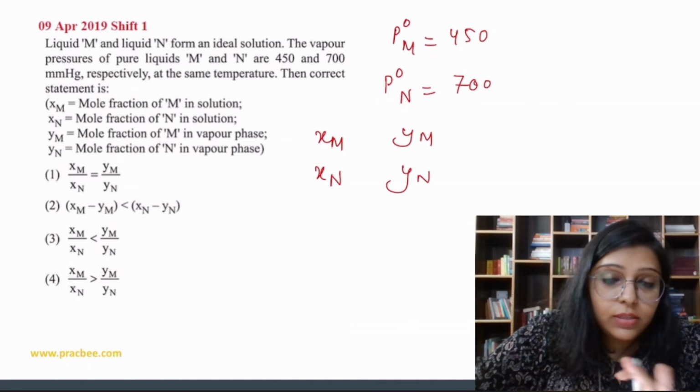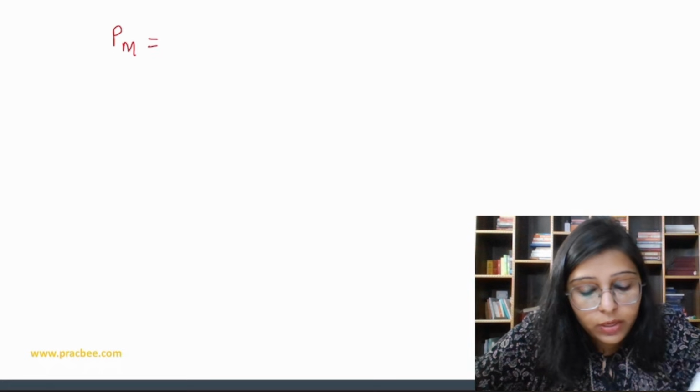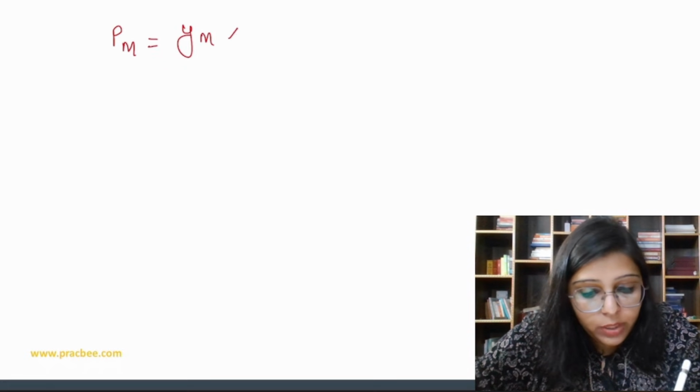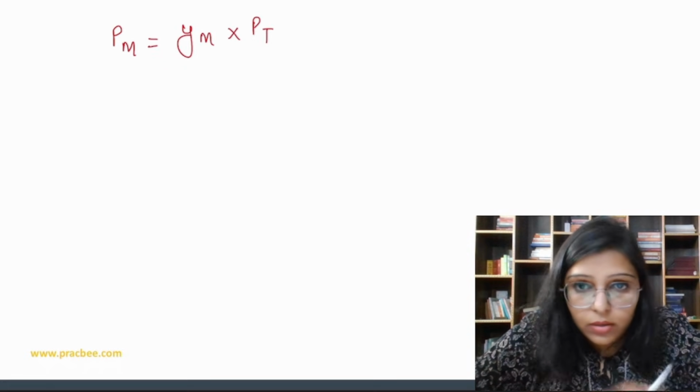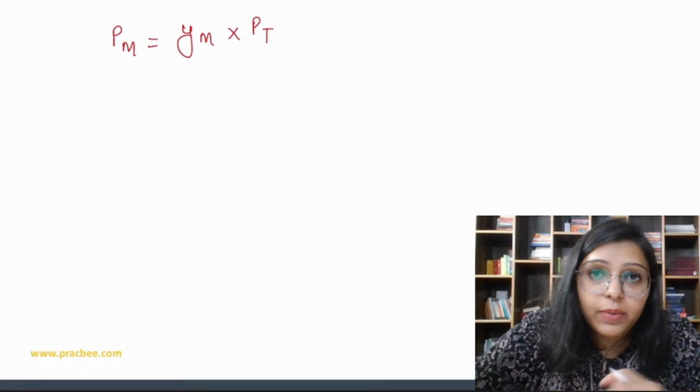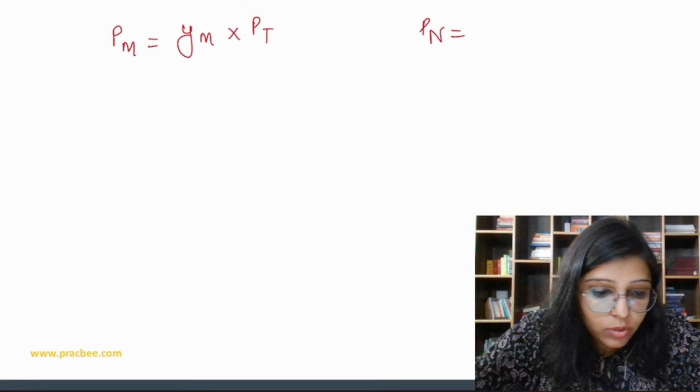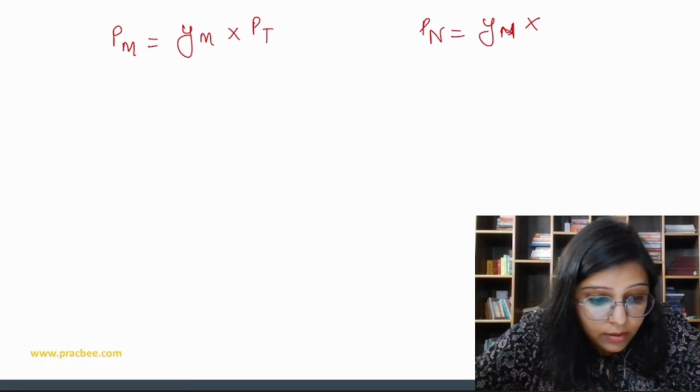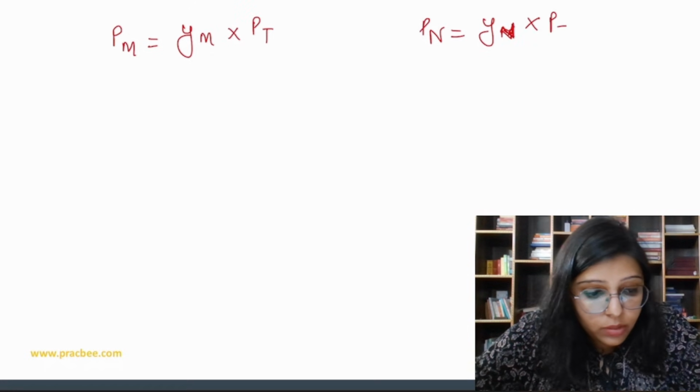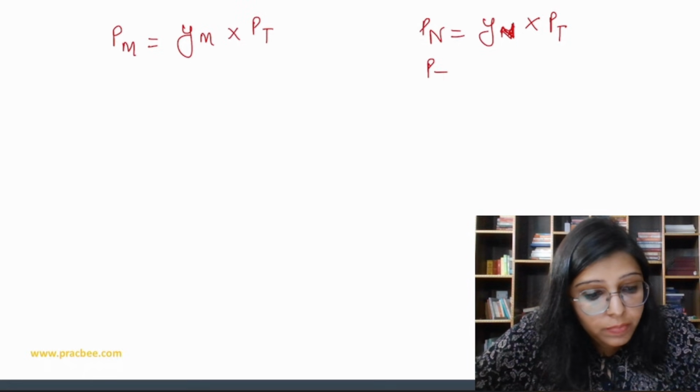Okay, so it means we are going to use this formula. PM is equal to YM into P total and PN is equal to YN into P total. Okay. So in place of P total, what can we write? PN upon YN.